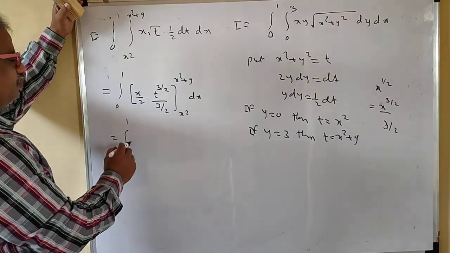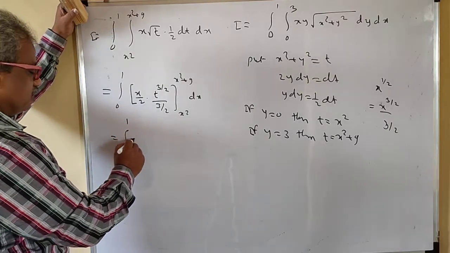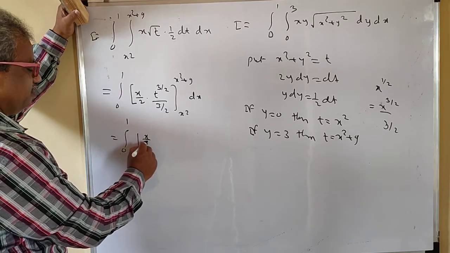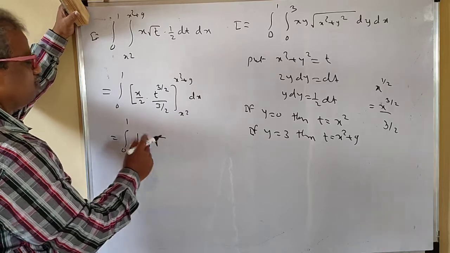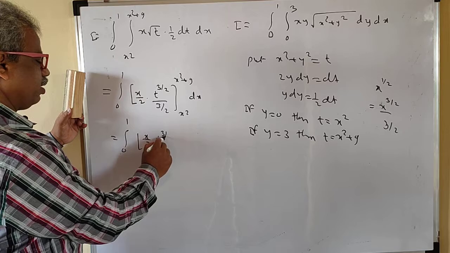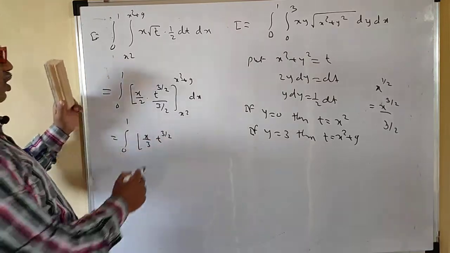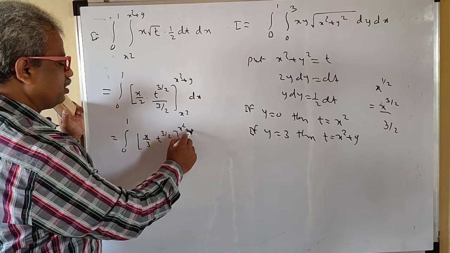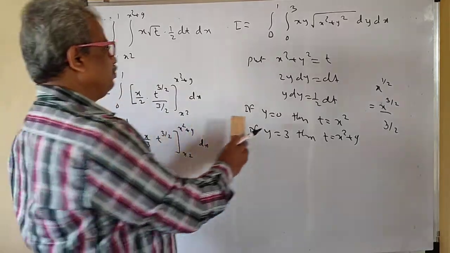Just I will simplify this and then I will put the limit. This is x by 3 into t raised to 3 by 2, t raised to 3 by 2. So this is x square plus 9 dx.